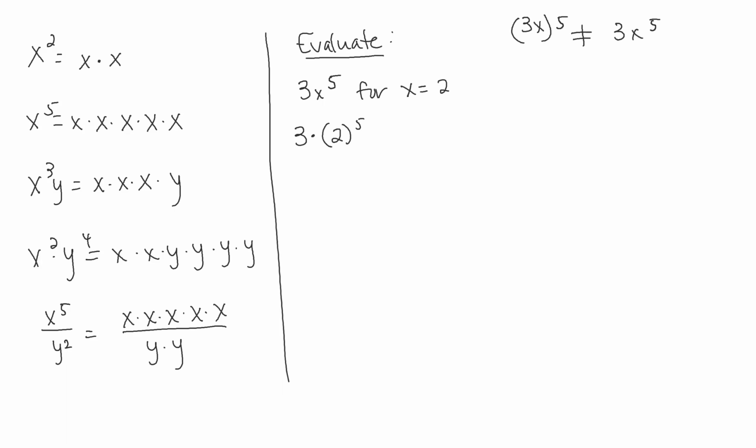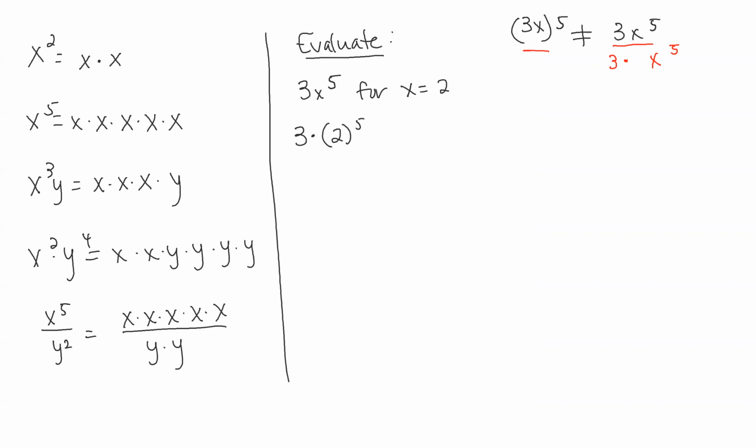In this first example that we have right here, the 3x is in parentheses. That parentheses is binding the 3 and the x together, so that would mean the 3 and the x are raised to the 5th power. Without that set of parentheses, it is quite literally 3 times x to the 5th separately, okay? And that's what's happening in this example that we have right here.